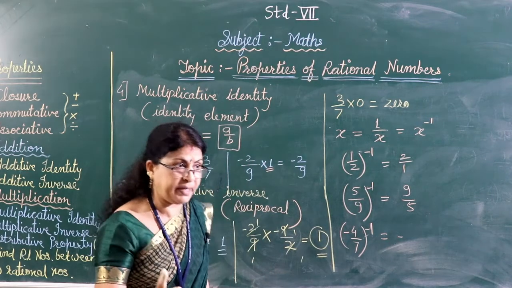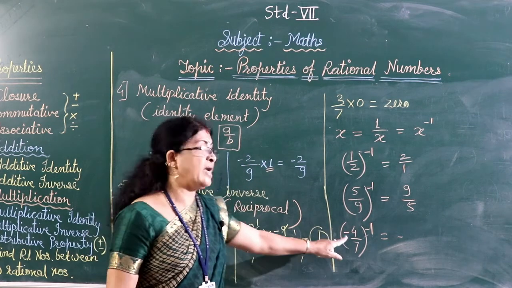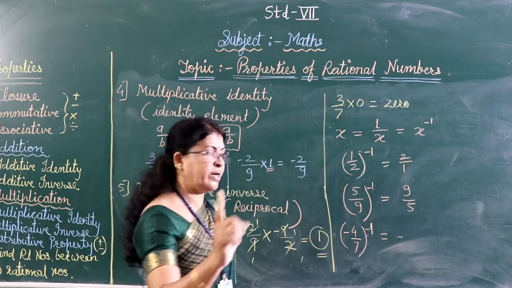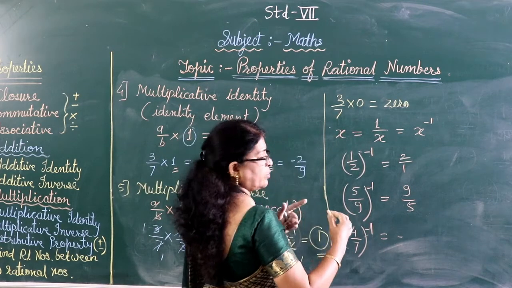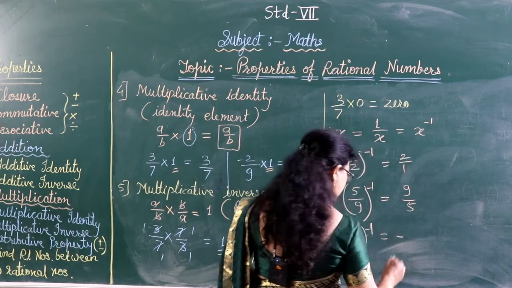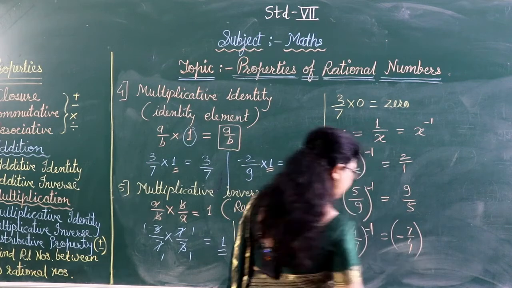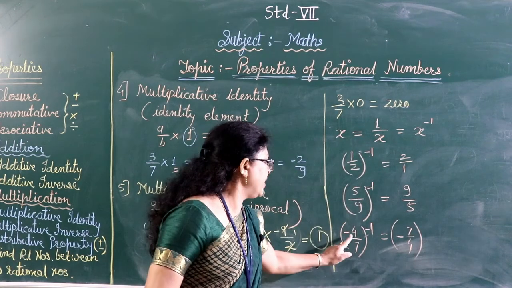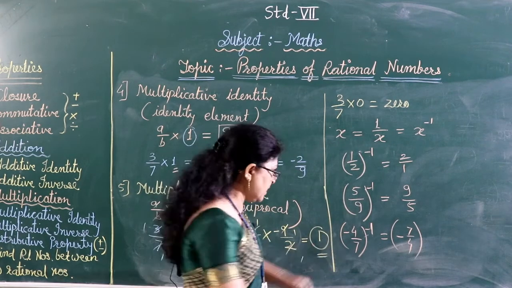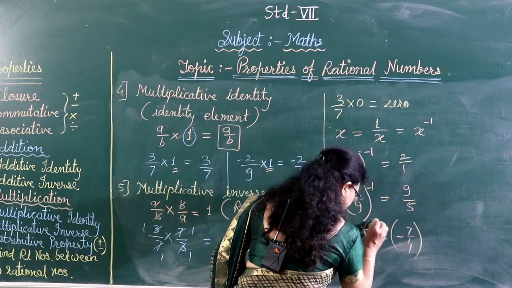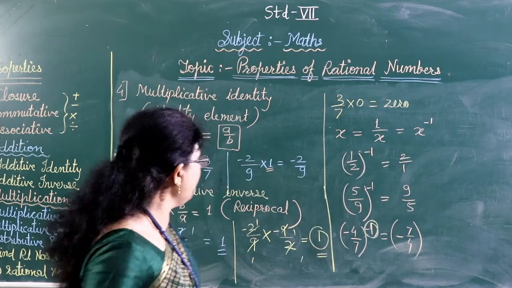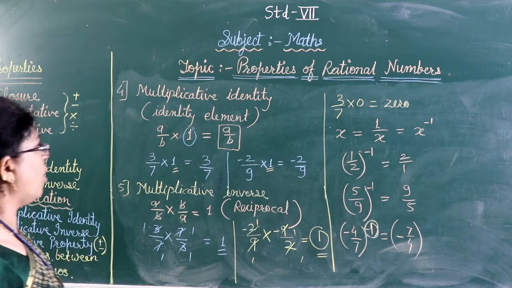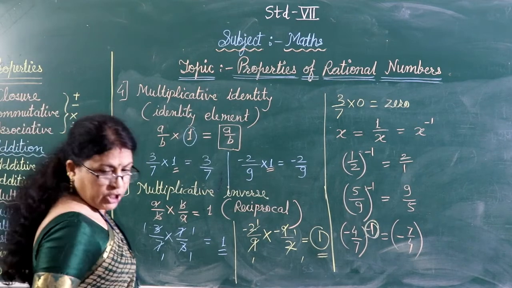I am again repeating, in multiplicative inverse the sign doesn't change, only the numerator and denominator are replaced. So just change the numerator to denominator, minus sign as it is, 7 upon 4. This will be the multiplicative inverse of minus 4 by 7. Got it? So this sign is nothing but, for inverse we write minus 1. Got it?